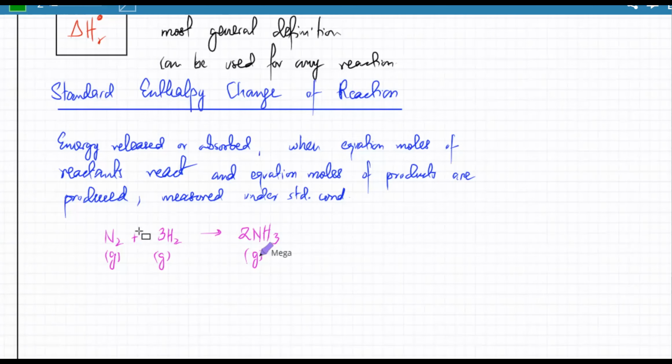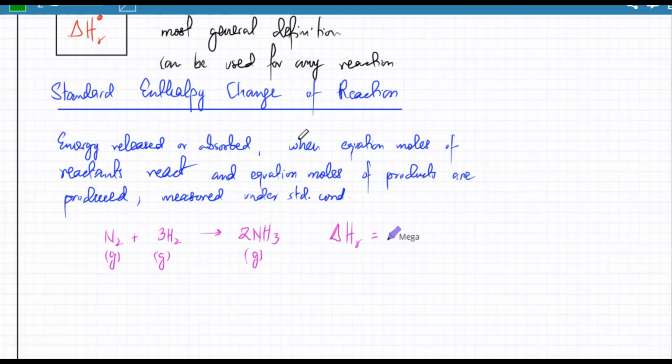So I could have used any number of moles in my reaction in my lab. But the energy change would not be called the enthalpy change of reaction. It would only be called the enthalpy change of reaction if I go in the lab and take exactly 1 mole of N2 and react it with exactly 3 moles of H2 to produce 2 moles of NH3.